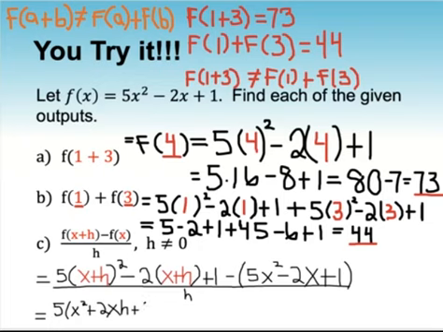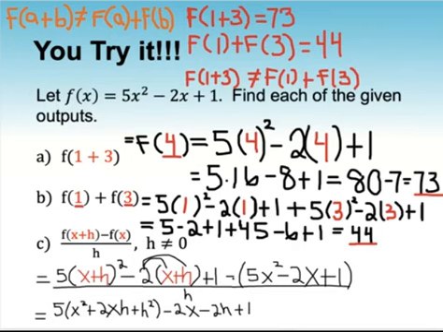Plus h squared minus, we're going to distribute this 2 to the x and the h, so it's 2x minus 2h and then we have plus 1.